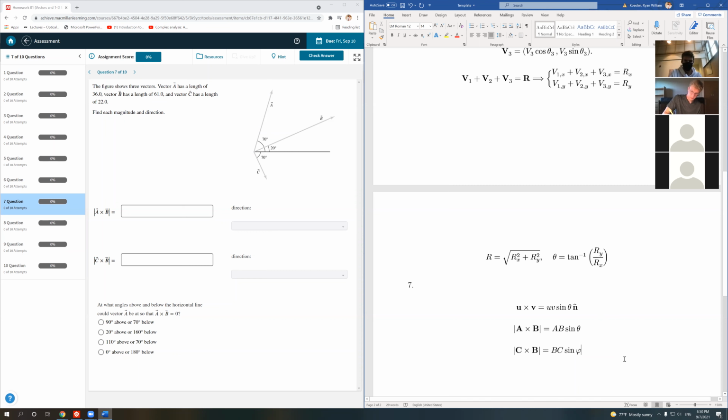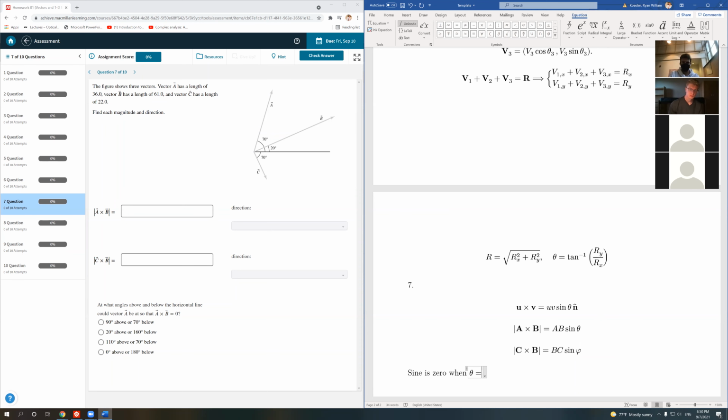And I don't remember, but I want to say that sine is 0 when theta equals (2n plus 1). Like this.